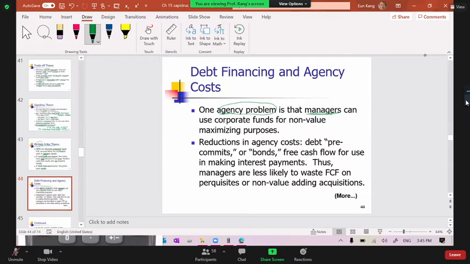But they may use company money for their own benefit. That's the agency problem, right? They may use corporate funds for non-value-maximizing purposes. Like, as I said, they may just buy a corporate airplane, like an ego problem. They just want to have a corporate airplane, very expensive.